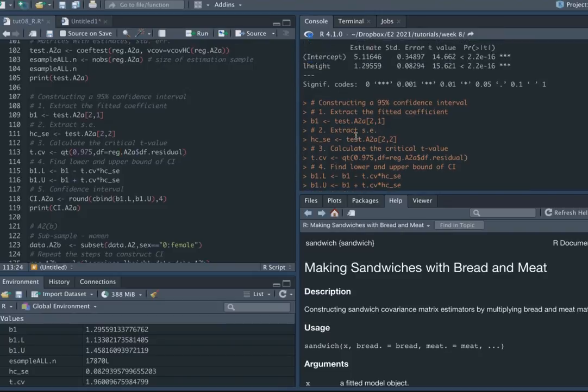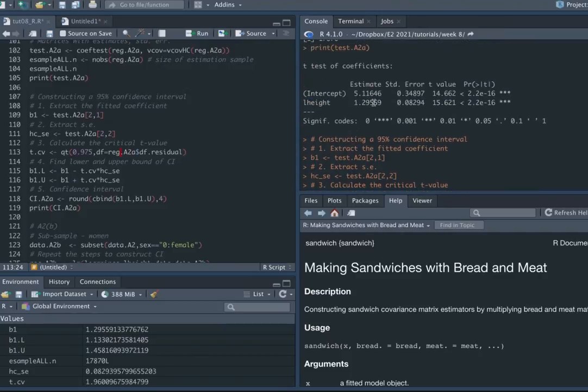You see, we just pick out the coefficient. This is what we need. Then the standard error, and to make the confidence interval, we use the coefficient estimate plus, minus, the quantile from the t-distribution. That should be around 2, because we're doing a 95% confidence interval.